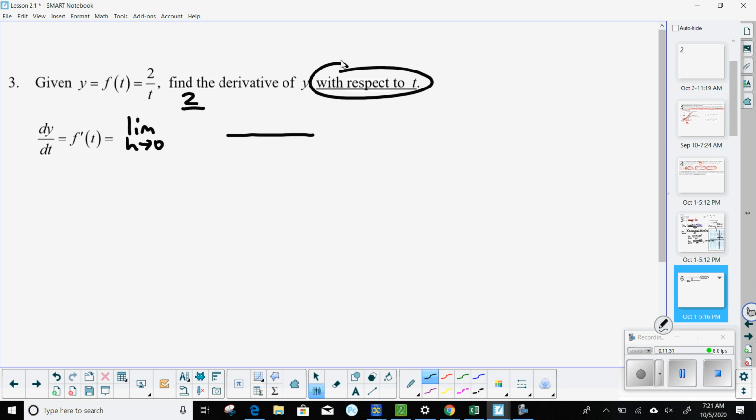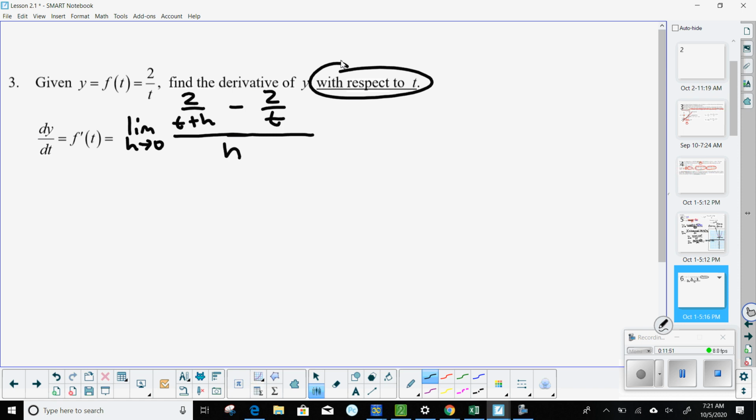We'll do it the same way the formula has it. So t plus h minus f of t, that'd be 2 over t, all over h. So that's just using our formula. This is f of t plus h, this is f of t, all over h.